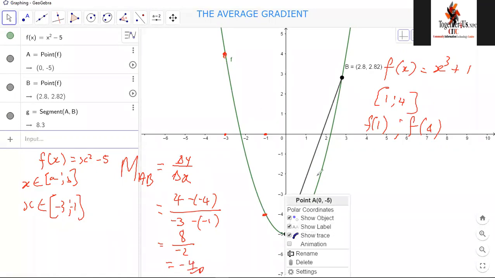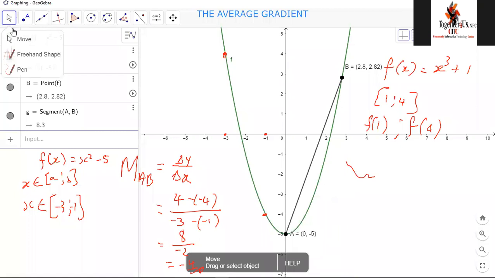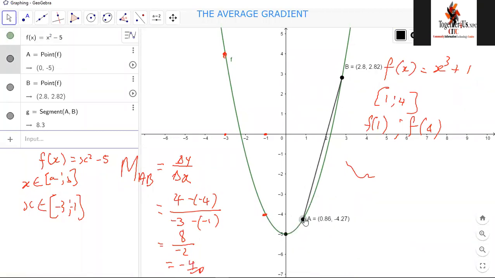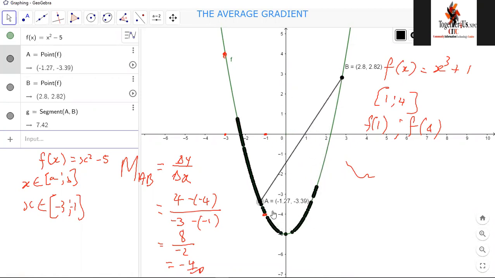You can have different scenarios where you need to find it, and it differs from point to point. As you can see, I'm moving my points here, and this is just tracing how I move this point. Don't worry about that. That is the principle.